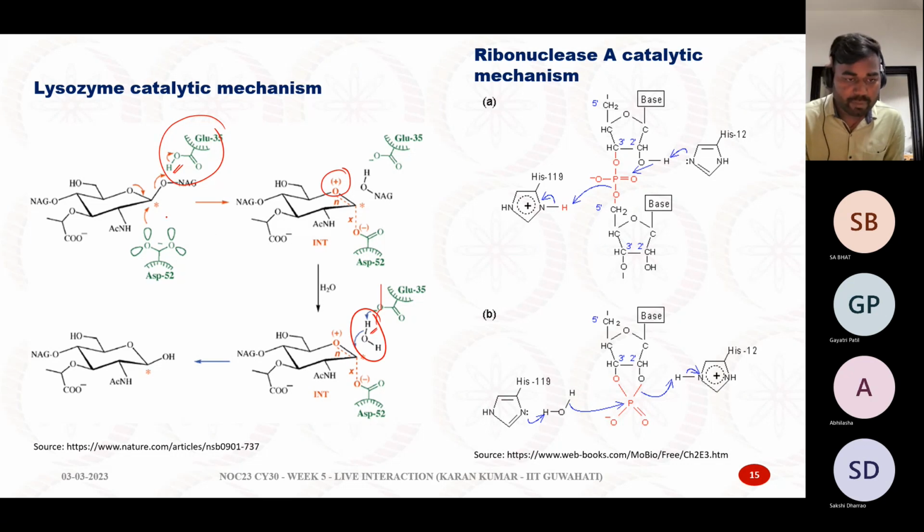In the meantime, the aspartic acid will stabilize this charge on this particular glycosidic bond character. And then finally the hydroxyl group of the water will be attached to this negative residue.